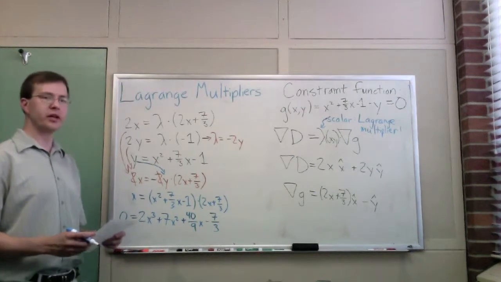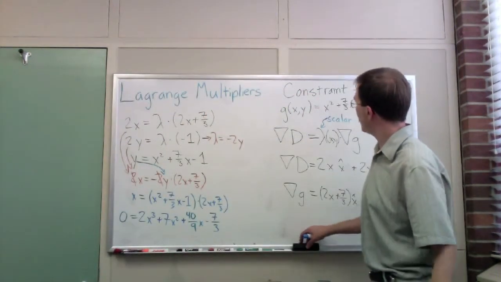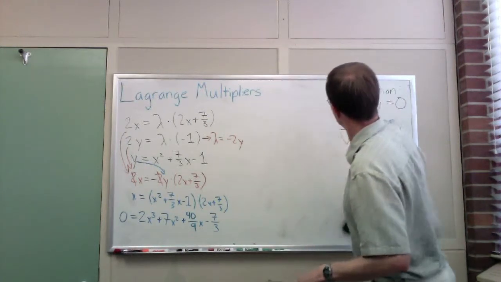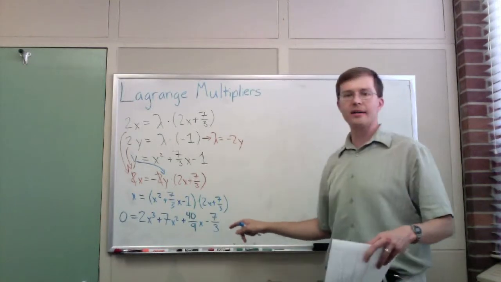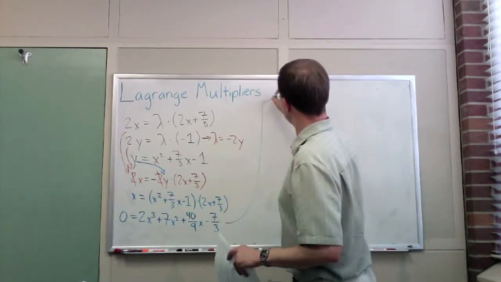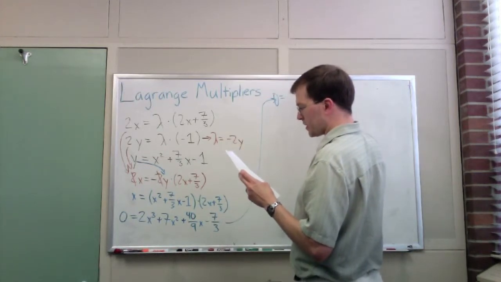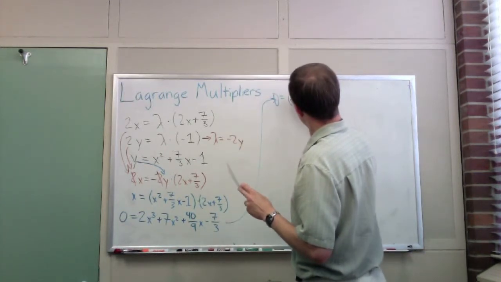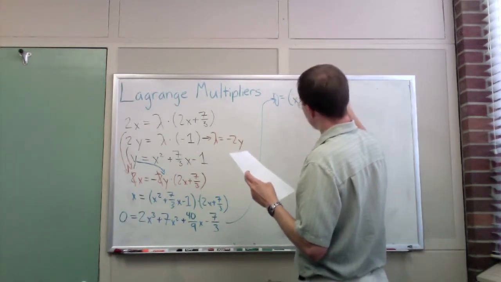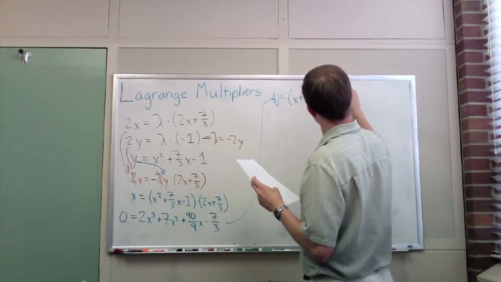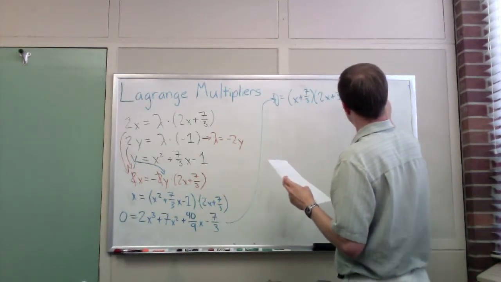And if you're a really sneaky person with factoring and you're good at this stuff, you might even be able to spot that this factors, and that this is equal to, still 0 equals, x plus 7/3, 2x plus 3, x minus 1/3.